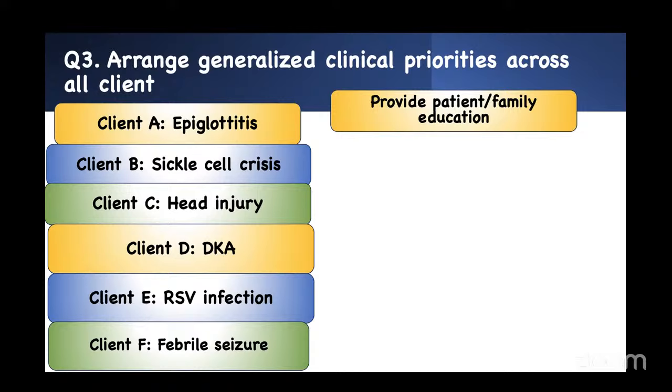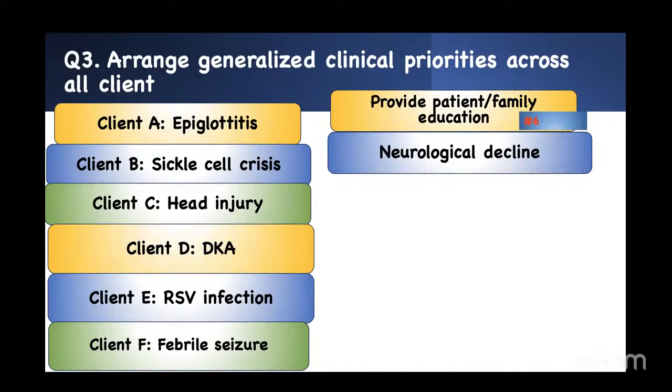Is it sickle cell? Is it head injury? Is it DKA, RSV infection, or febrile seizure? The right answer is febrile seizure. They are the ones where you have to educate the parents about how to take care of it when the temperature goes up, how to monitor it. Somebody will say epiglottitis, but that's not number one of the clinical priorities, right?